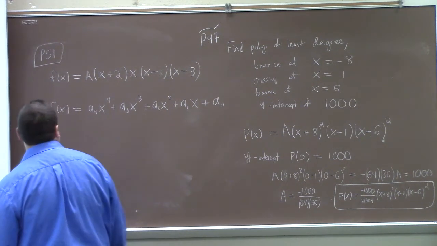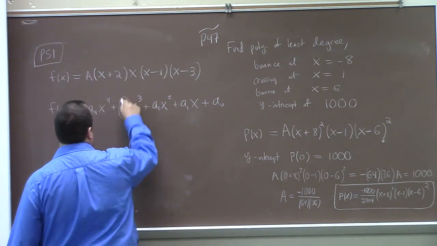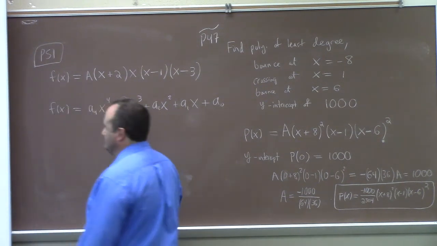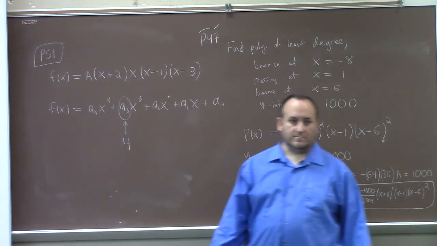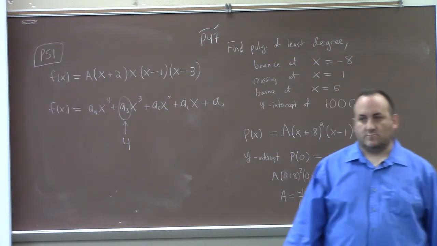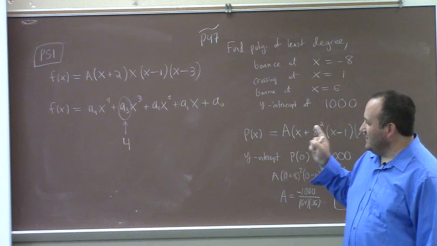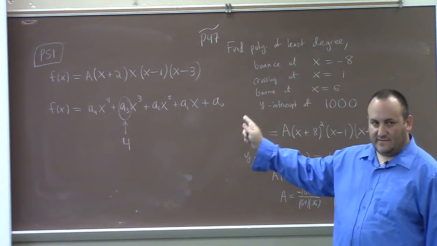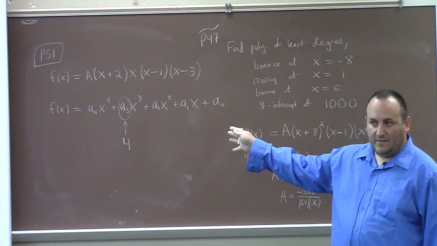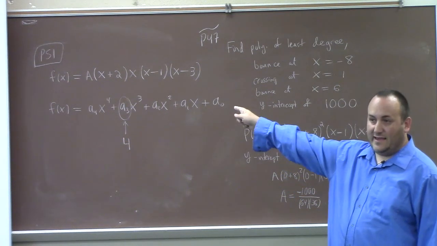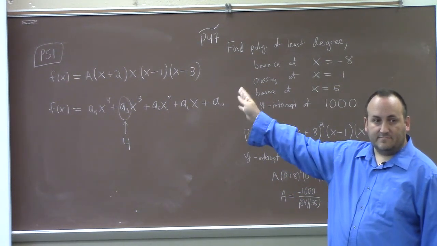And I also tell you, annoyingly, that a3 is 4. That sets the scale on the polynomial. It is going to force you to choose a particular value for that big A in our setup.